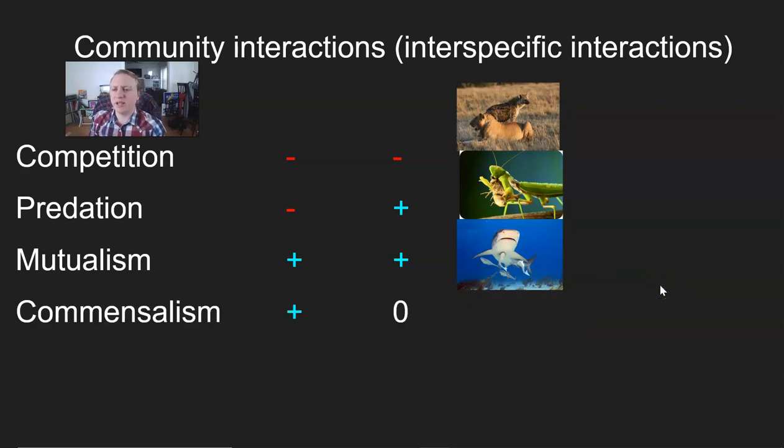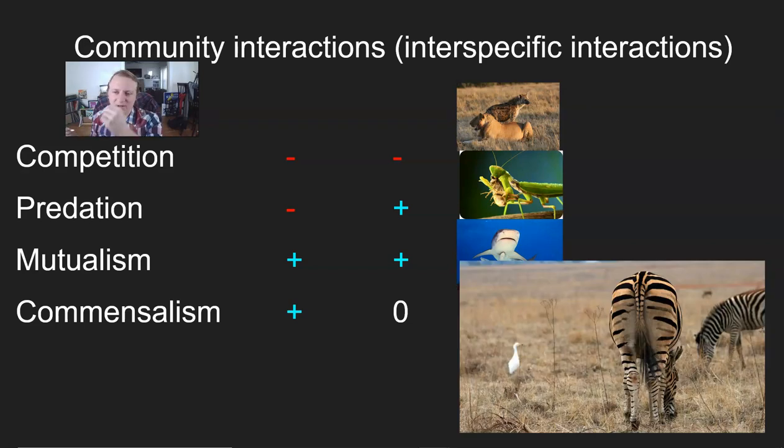The next thing we have is a commensalism, and some folks don't think commensalism necessarily is a thing, or if it is a thing, it doesn't happen very often in nature, but that's neither here nor there, because in a commensalism, one species benefits and the other species doesn't really care. It neither benefits nor is it detracted from in any way. The most common example would be these cattle egrets.